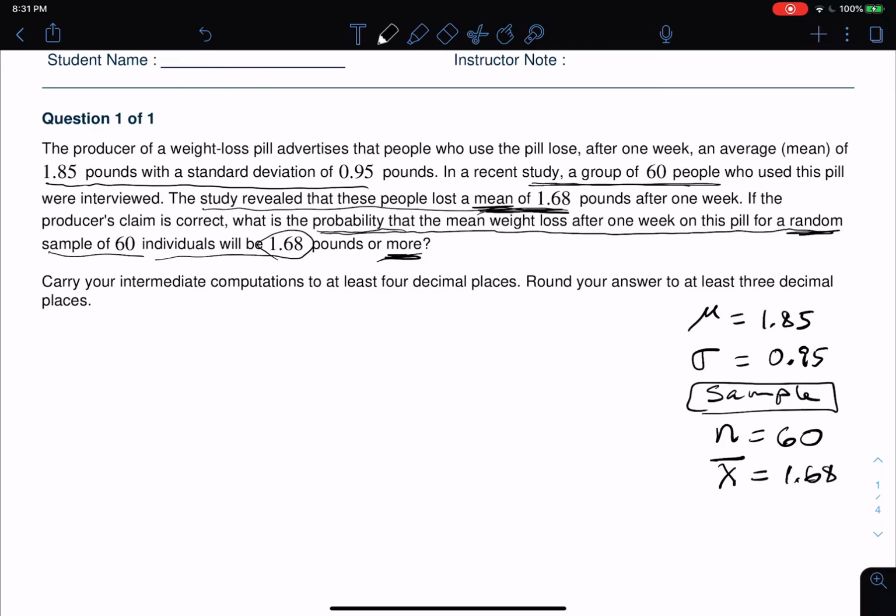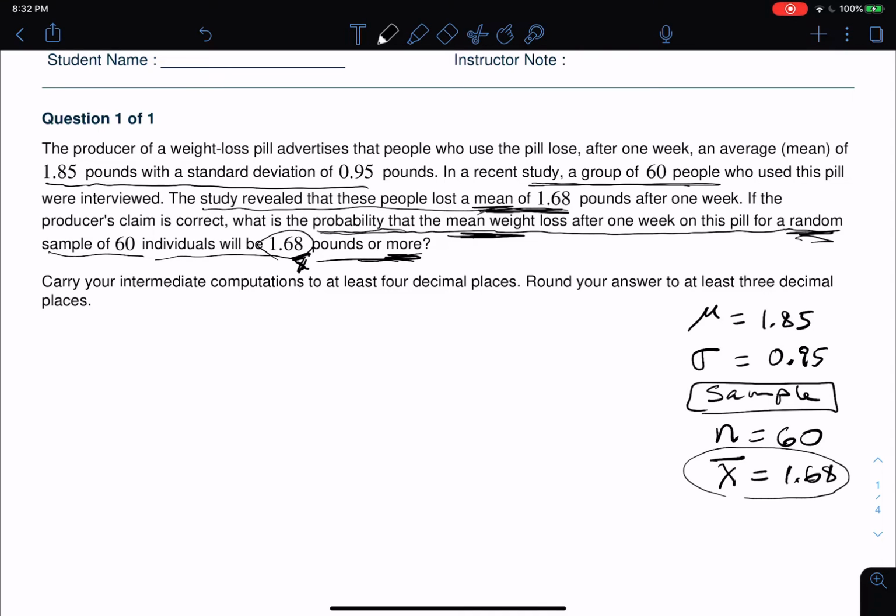These are X bars because they're the means coming from a sample. So that means that X bar equals 1.68, our sample mean. We want to know the probability that the mean weight loss after 1 week on this pill for a random sample of 60 individuals will be more than that.